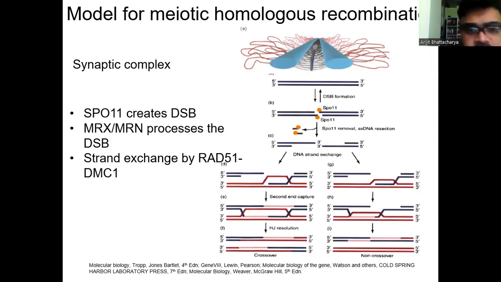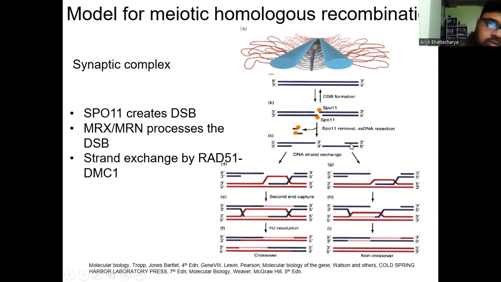For meiotic recombination, again, there is a double-strand break formation as proposed. SPO11 binds to the double-strand break. Subsequently, SPO11 is removed and the DNA is nicked by some exonucleases to form these overhangs, and then these overhangs can actually target their homologous DNA by using DMC1, the RecA ortholog, and thereafter the crossover can occur.